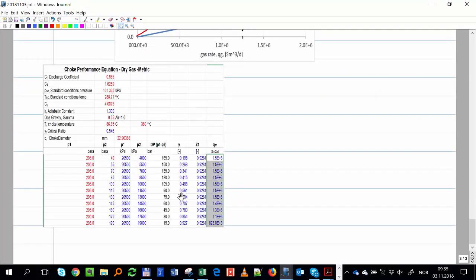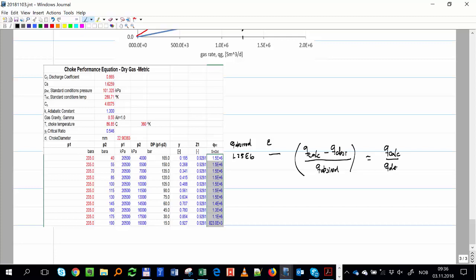Okay, so I'm saying here Q desired, 1.25 e to the 6, and then I have the error, which will be Q calculated minus Q desired, and when I divide by Q desired, this gives me Q calculated divided by Q desired minus 1.